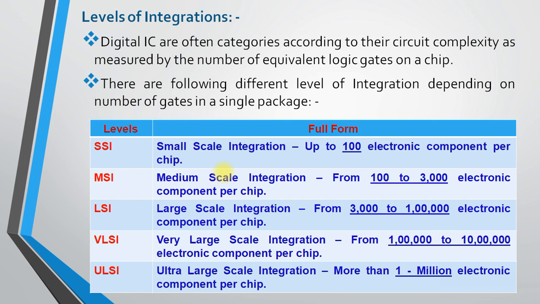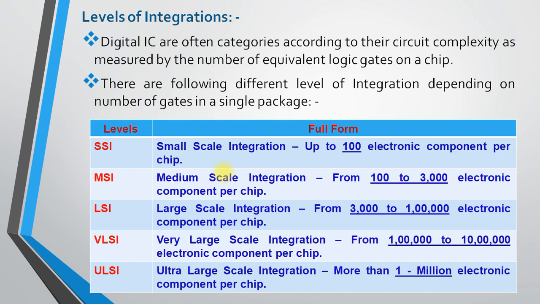The first level is called SSI, that is small scale integration, in which up to 100 electronic components per chip you can integrate. The next level is called MSI, medium scale integration. It gives you the range between 100 to 3000. The next integration is called LSI.